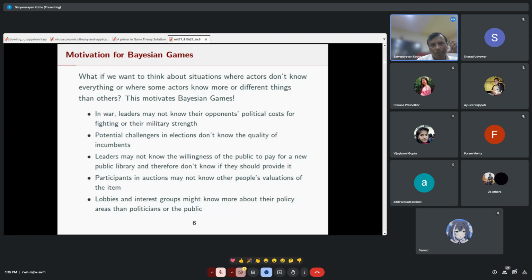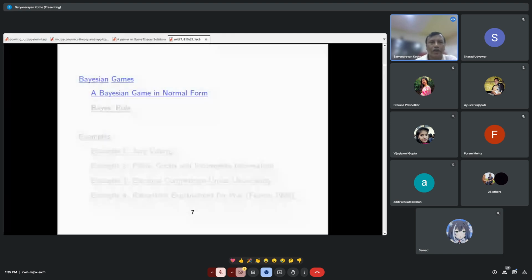So Bayesian games are based on the pre-assumption that the chances of having imperfect information are high in real-life games, and so one should relook into the game, that is the normal form of game, static, but with incomplete information. And this is what Bayesian games help us understand.